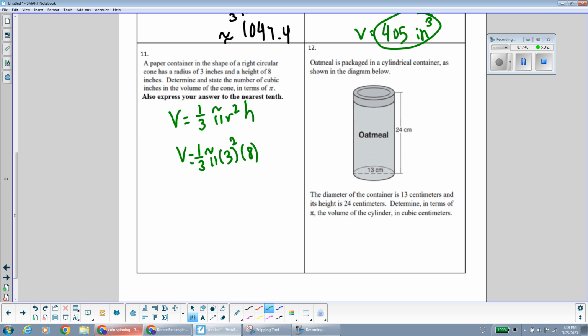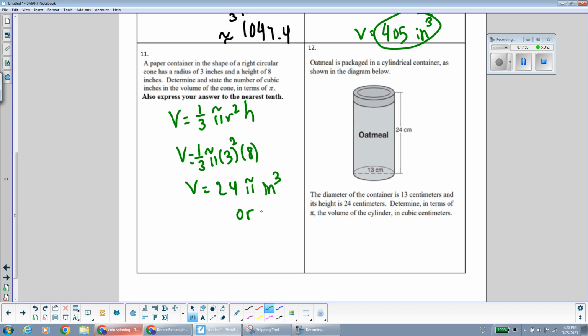So first I'll do in terms of pi. I'm going to type into my calculator 1/3, 3 squared times 8, so everything except the pi. So in terms of pi, that is 24 pi cubic inches.